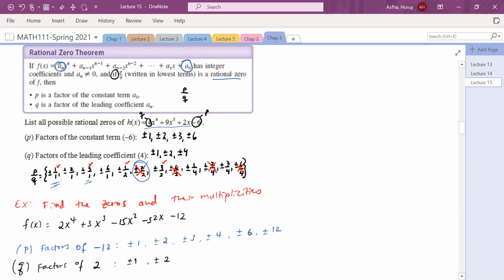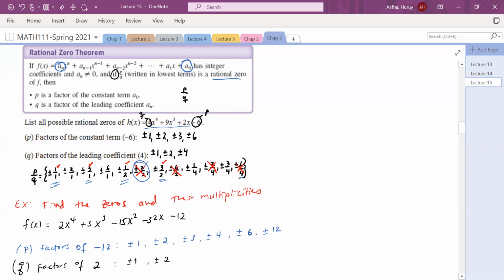And plus or minus 6 over 4 and 2 over 4. 2 over 4 is 1/2, so we have it here. 6 over 4 is 3 over 2. We have it here.